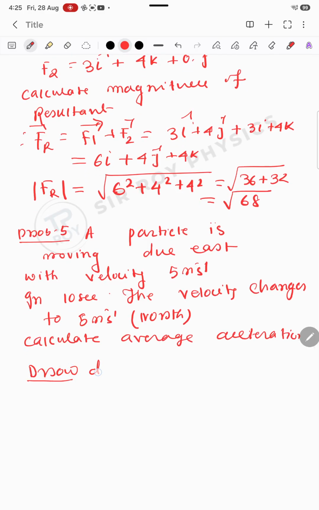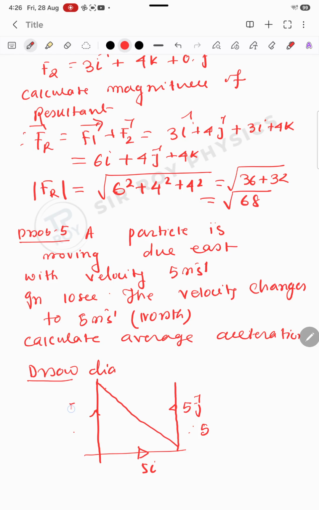Draw the diagram first. That side 5i, then it is going 5j. Now acceleration will be change in velocity over time: initial velocity 5i, final velocity 5j. You have to calculate that.